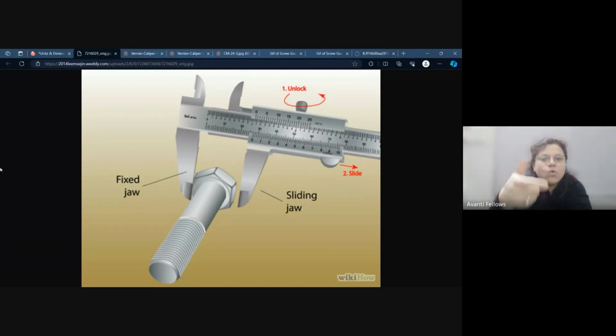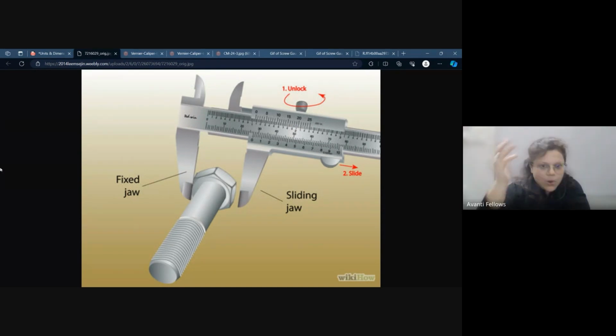You can make room for your object by sliding it. Once you get the appropriate separation, remove the object and study the reading. I will tell you how we will do that. But for timing, do you get the idea how to measure any object, its length, breadth, or height?